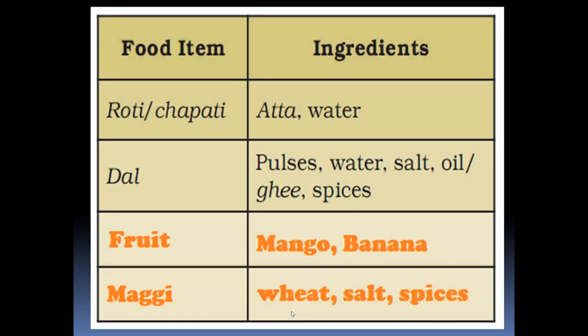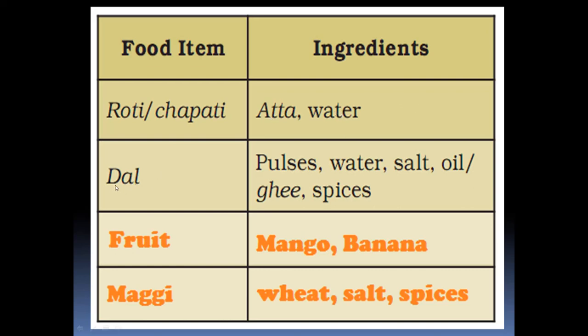Here's one more activity. So mention any four food items as I have taken here: roti or chapati, dal and fruit salad. Here is actually fruit salad and Maggie. And in this column you have to mention the ingredients that are used for preparing that particular food item. For example, if you have to prepare roti or chapati, the ingredients that you add are atta, water and salt.